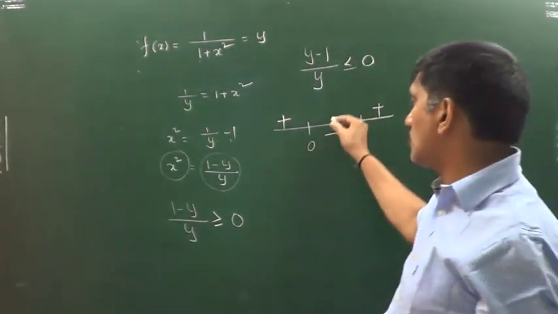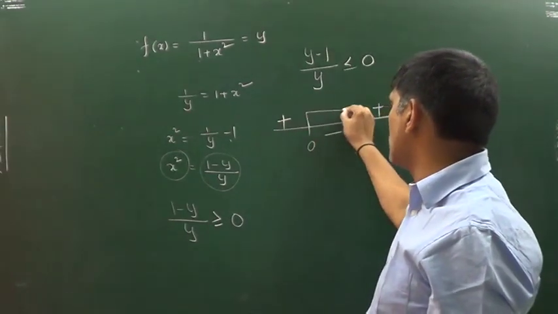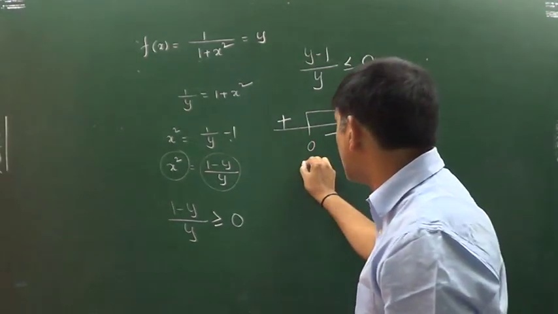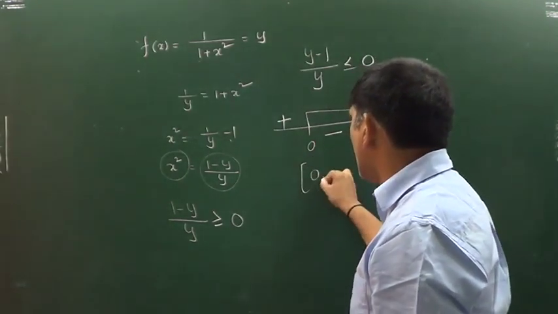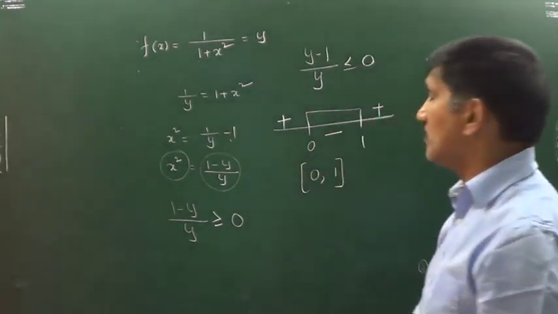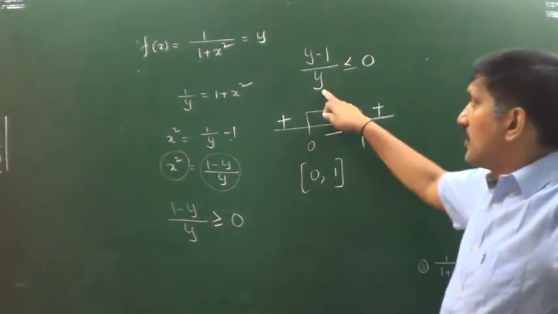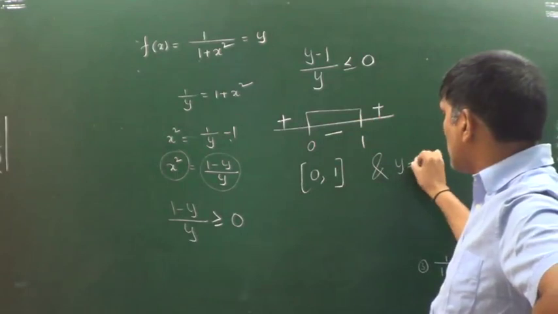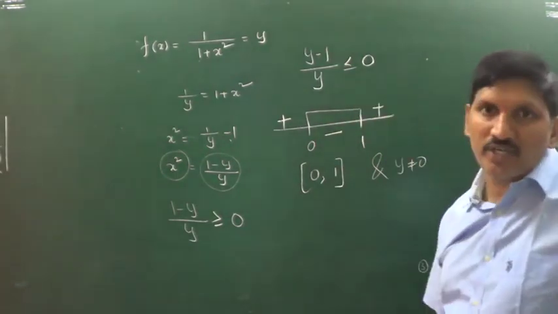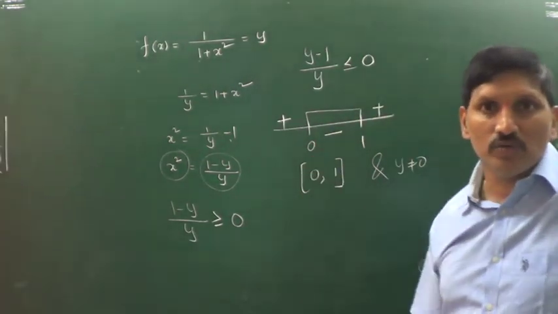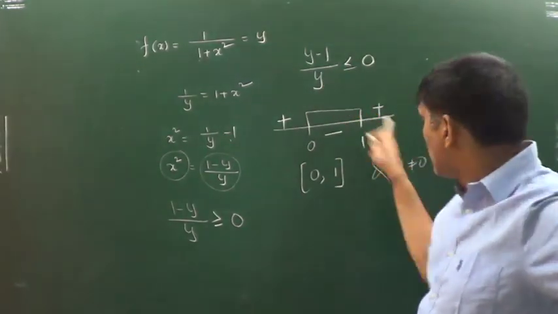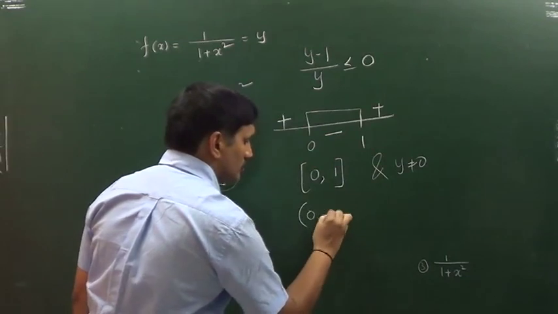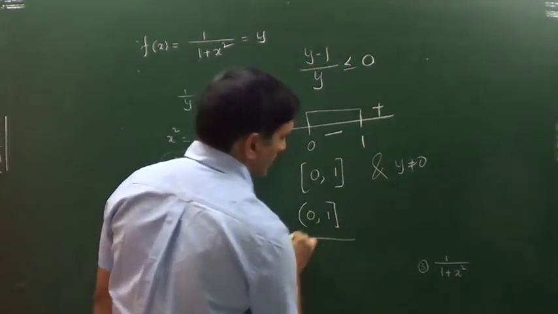Less than 0 means we have to consider the negative portion. Negative portion is there between 0 and 1. That's why we get the answer as closed interval 0, 1. But y never can be 0. We have y not equal to 0 because y is in the denominator. That is the reason the answer becomes open interval 0, closed interval 1.